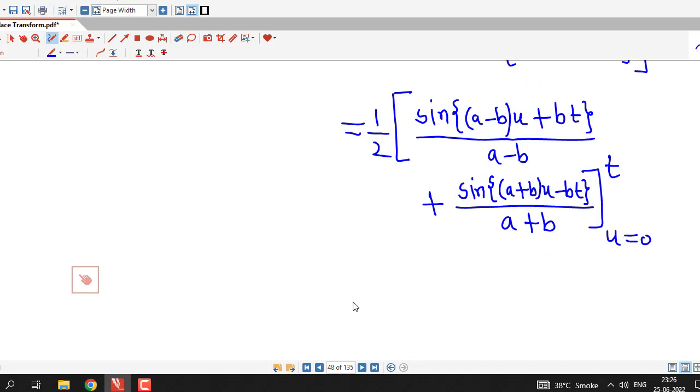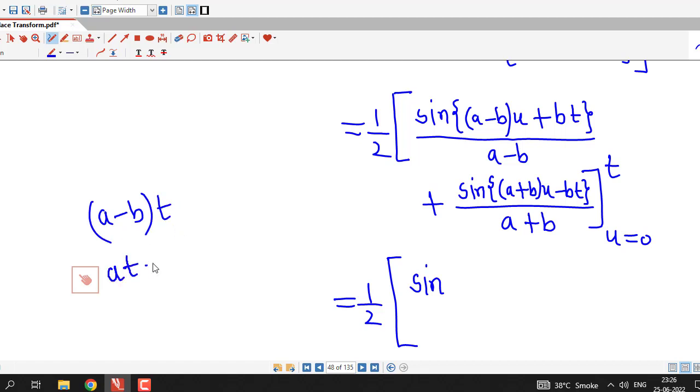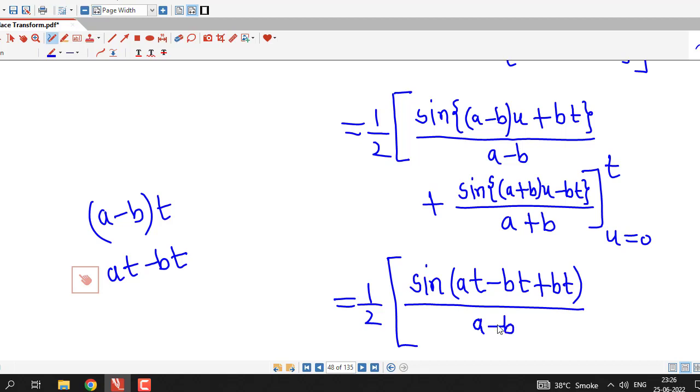Now first we put the upper limit, that is we replace u by t, and we see what we obtain. So here we can replace u by t, that is a minus b into t, and that is going to be at minus bt. So here we write sine of at minus bt plus bt divided by a minus b.